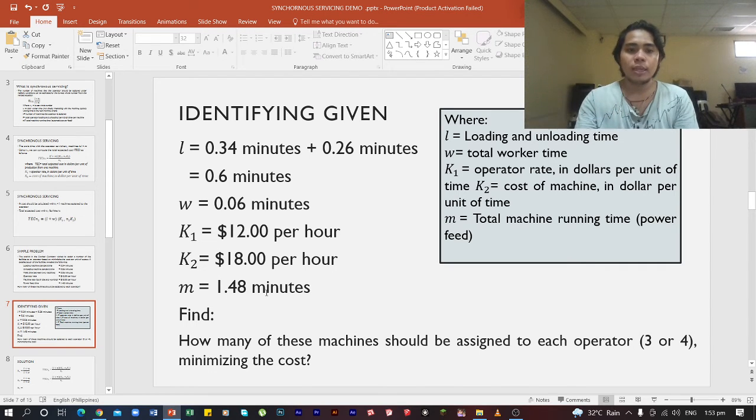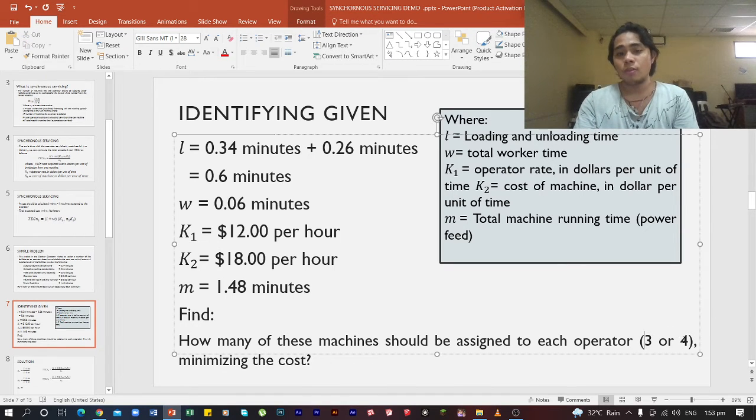Find how many of these machines should be assigned to each operator. Should an operator be assigned 3 or 4 machines, and also minimizing the cost, which is better?